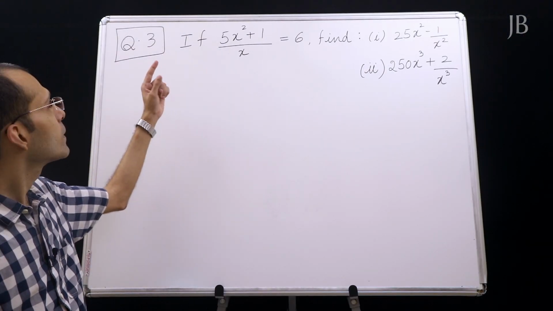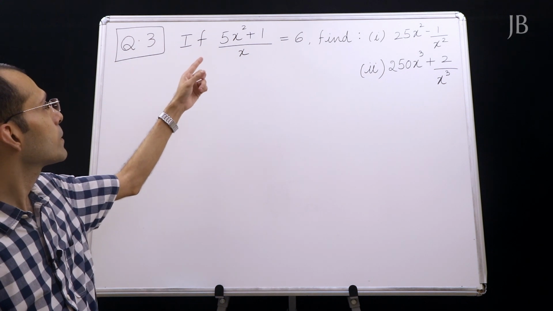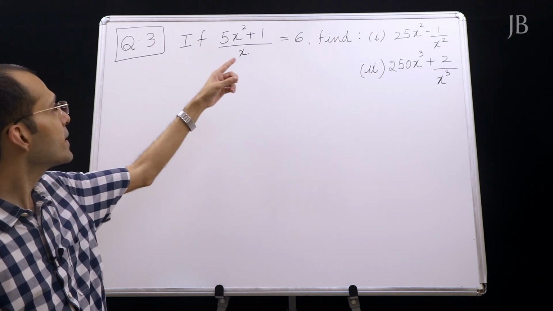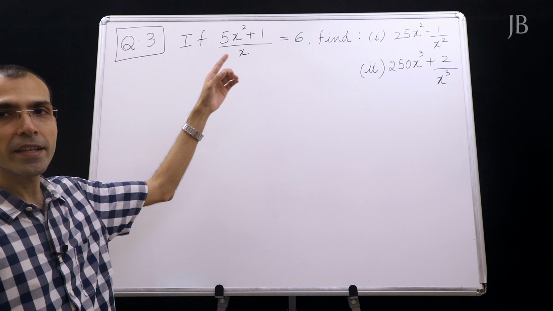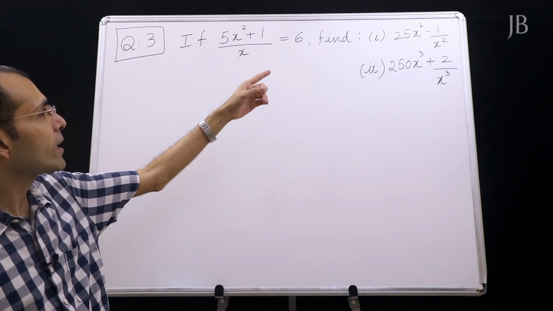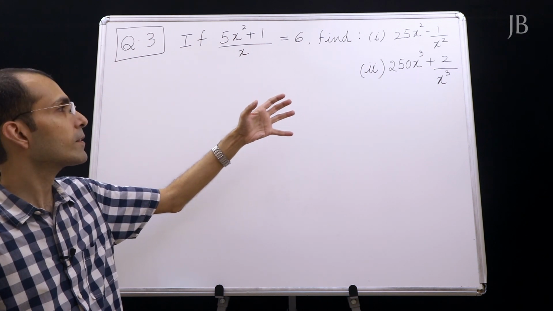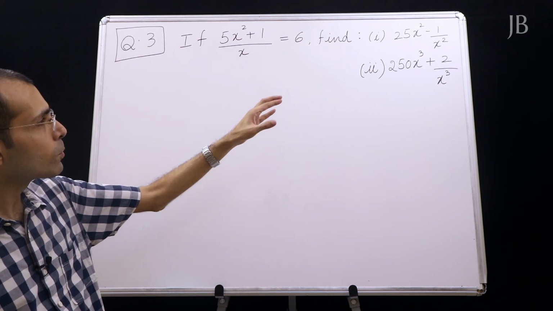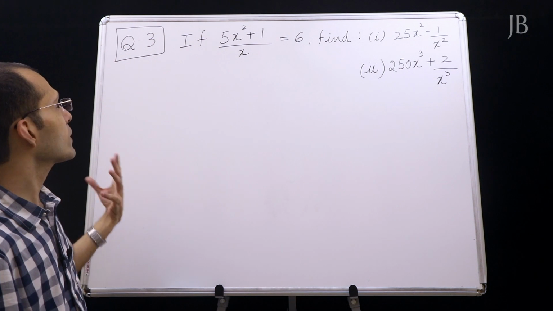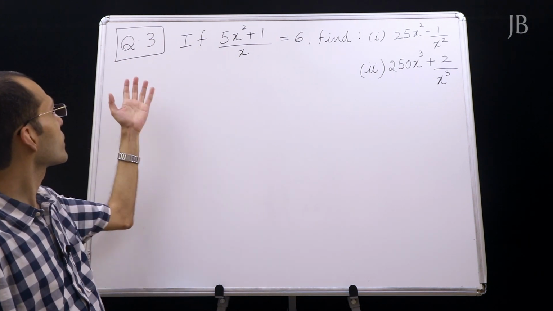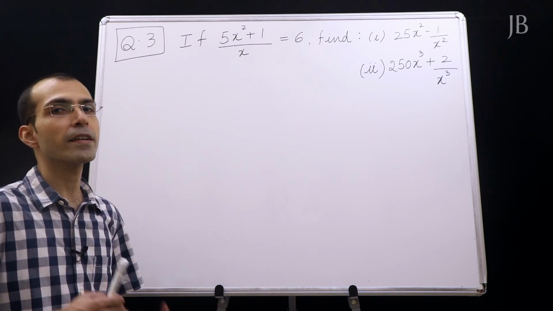Question 3. If 5x square plus 1 the whole divided by x equals 6, find the value of 25x square minus 1 upon x square and 250x cube plus 2 upon x cube. See, all the sums which we have covered so far, including this, these are heavy concentrated sums.